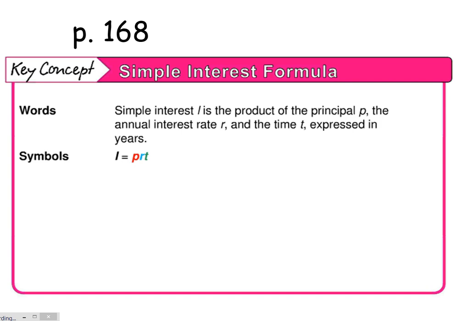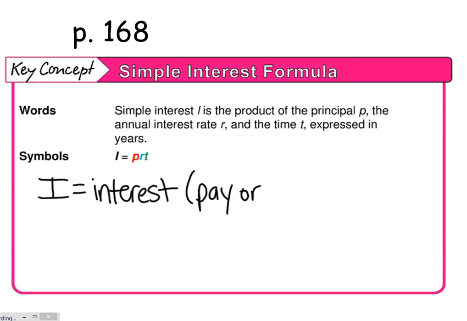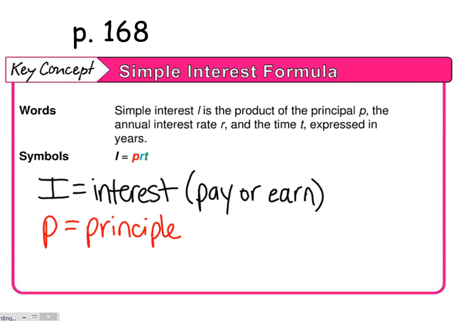So in your notes on the top of page 168, I would like to have you write this down in your word zone. I is your interest, and interest is the amount you will pay or earn for loaning or borrowing money. Then P in red is the principal.